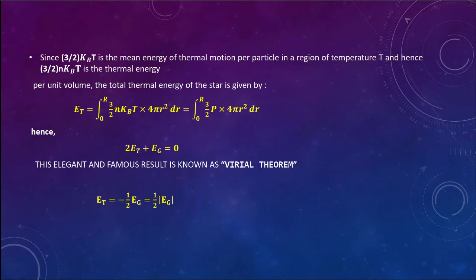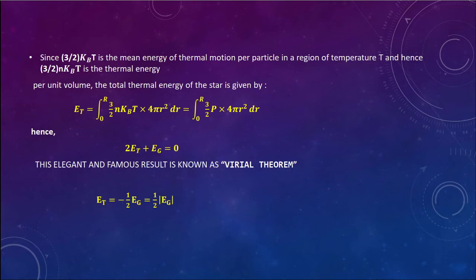So for a particle it is 3/2 kBT of energy, because we are not considering vibrational and other very minute kinetic energy contributions. So 3/2 kBT is the mean energy of thermal motion per particle in a region of temperature T, and hence 3/2 N kBT is the total thermal energy if we consider N particles. Per unit volume, the total thermal energy is obtained by integrating again, and when we integrate it, we get this form of the equation, that is, 2 Et plus Eg equals 0.